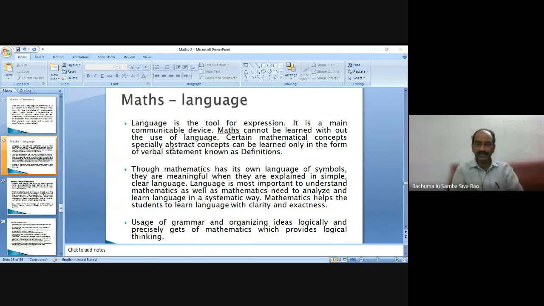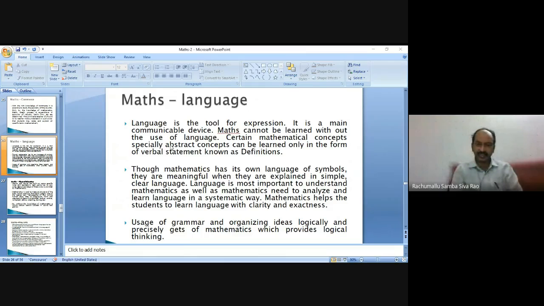Though there exists a special language for mathematics, the role of language is very crucial in learning mathematics or any subject of the school curriculum. Without language, we cannot learn the subjects. Certain mathematical concepts, especially abstract concepts, can be learned only in the form of verbal statements known as definitions.